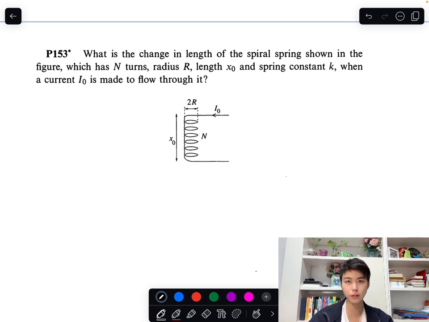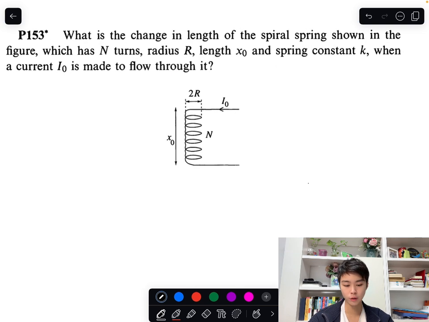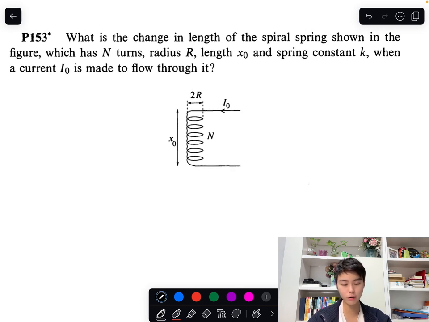So the first thing you need to know is why the length would change. Well, if there is a current I0, it will have a magnetic field. We know that, but we can't know for sure the magnetic flux density at every spot.